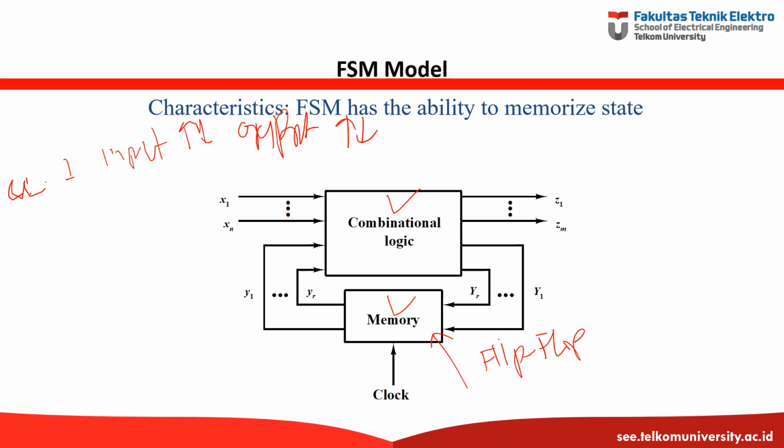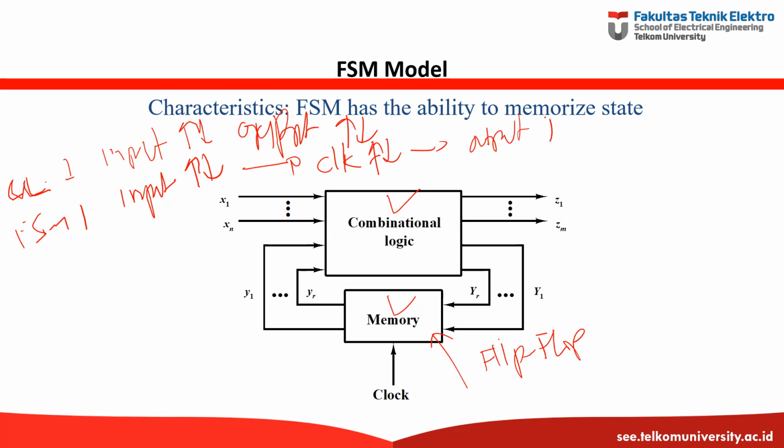However, if we are using the FSM, if we change the input, the output will change only if the clock is active. So when the clock is active, then the output can change. Okay, this is the first difference between combinational logic and the FSM.